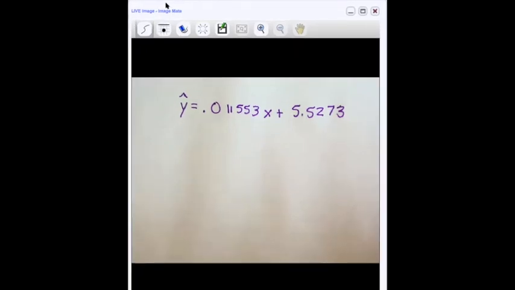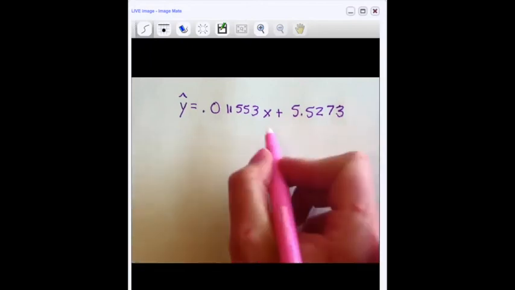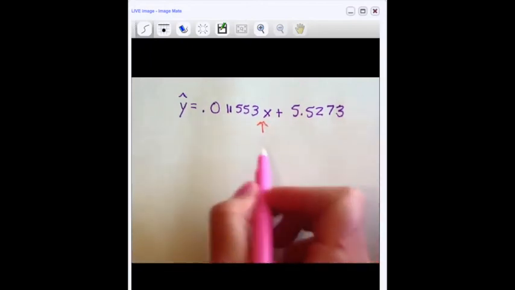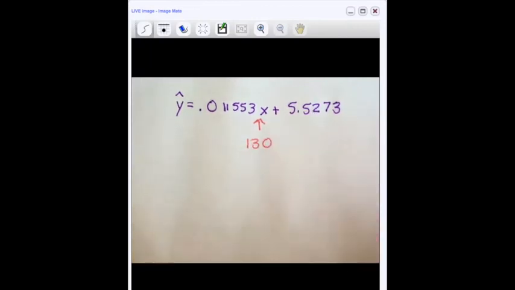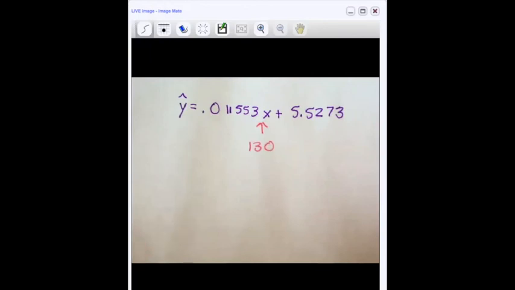Now, the next thing asks us to predict the drilling time if we start at 130 feet. So we want to make a prediction if we plug 130 in here for X. So we can just type that in to our regular old calculator screen.